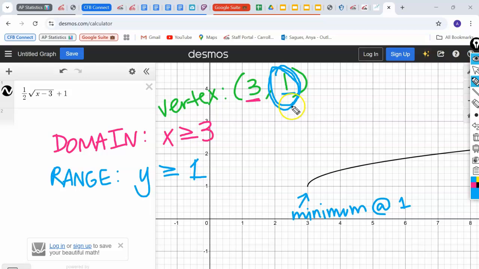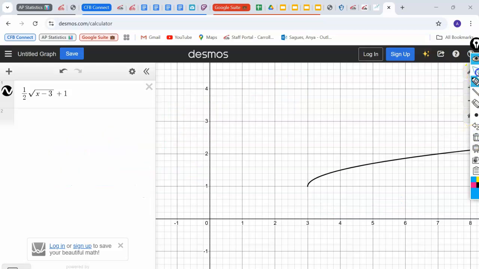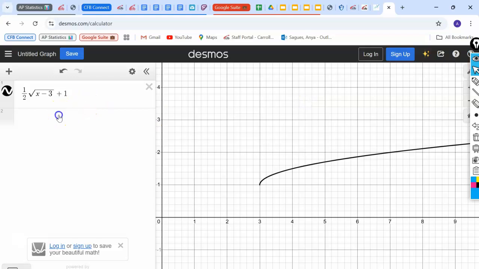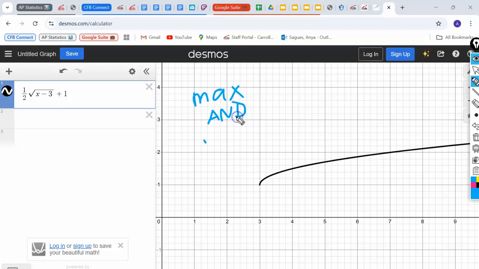For maximum and minimum, remember, I only care about the y value. You are also going to see a type of question that we haven't seen yet, but it'll ask you, hey, what is the maximum or minimum, or the maximum and minimum on this interval? Pick something that makes sense.